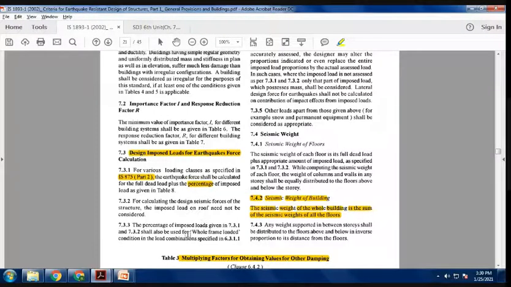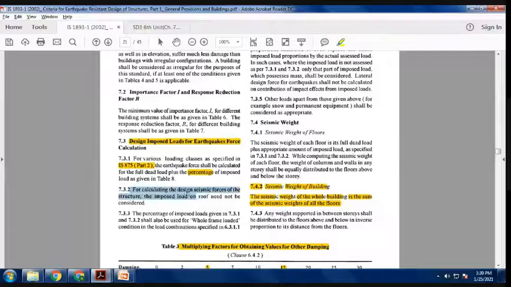We have taken the percentage, whether it is 25% or 50%, depending upon the live load. This is most important: for calculating the design seismic force of the structure, the imposed load on the roof is not to be considered. So the imposed load on the top floor, we should take as 0. Just remember this one, clause number 7.3.2.